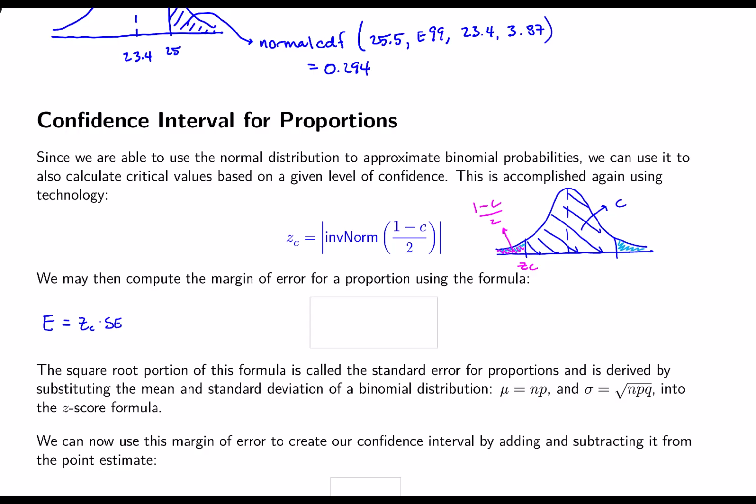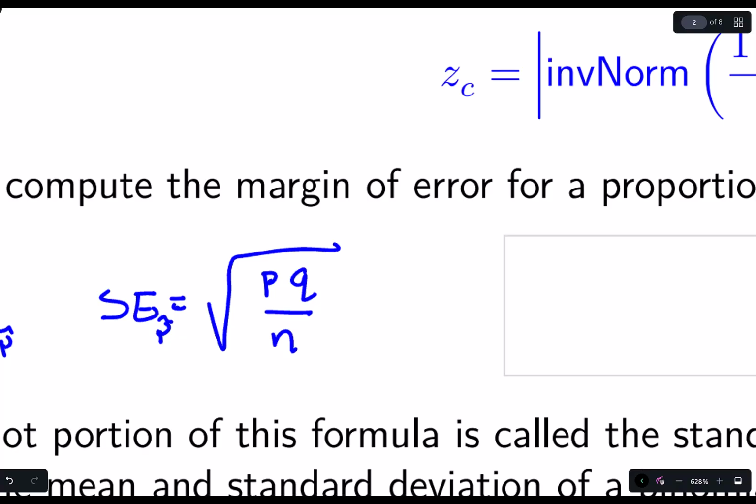If we're working with proportions, we know from a previous lesson that the standard error for proportions is the square root of p times q divided by n, which is related to the standard deviation of a binomial being the square root of n times p times q. But this is the standard error for proportions, and let me make this symbol look a little nicer here. It's supposed to be p hat.